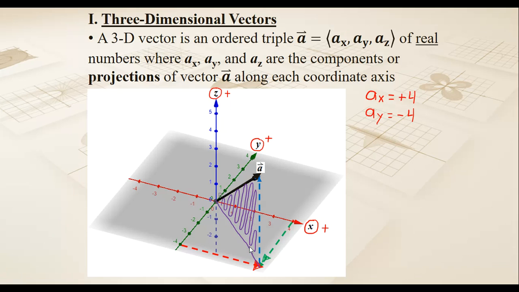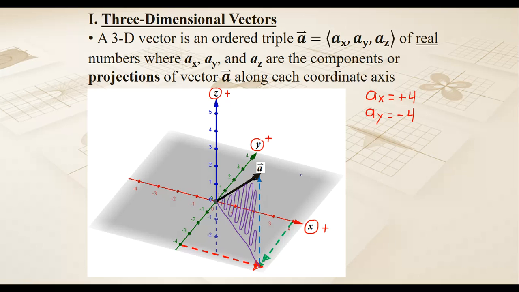Okay, now hopefully you can see a little bit better that the red line represents the x component of this vector, and the green line represents the y component of that vector. Again, the x component is +4, so A_x is +4, and the y component is -4.